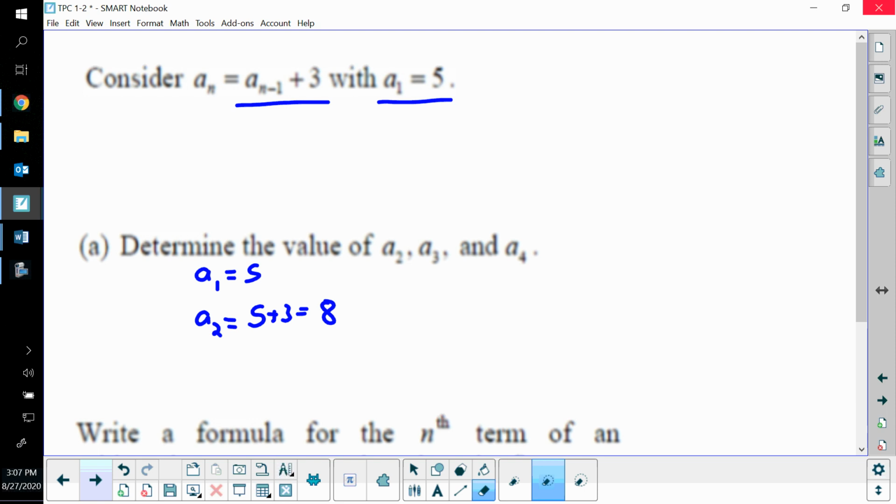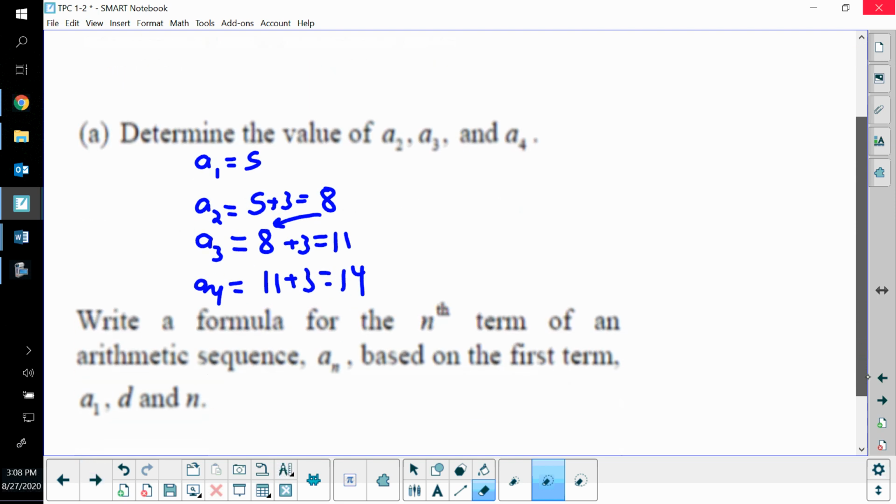And again, this is on the bottom of page 4. To get a3, we do our previous term plus 3 again, so we get 11. And to get a4, we do our previous term plus 3 again to get 14.